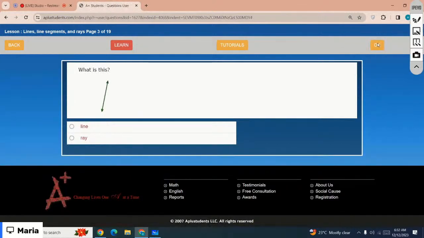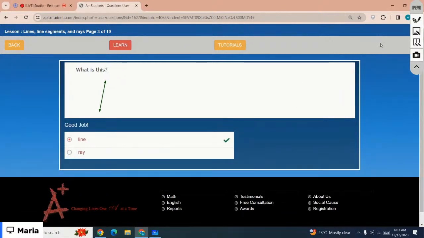Line or ray? That is a line, right? You can extend in either way, so that is a line.